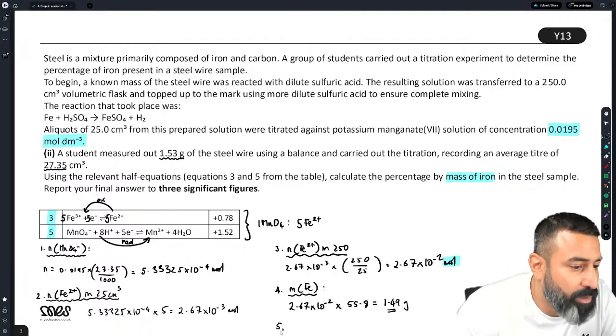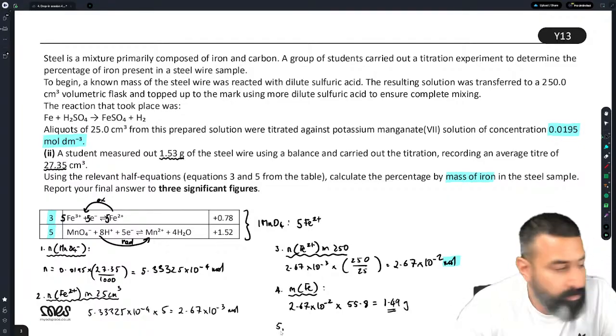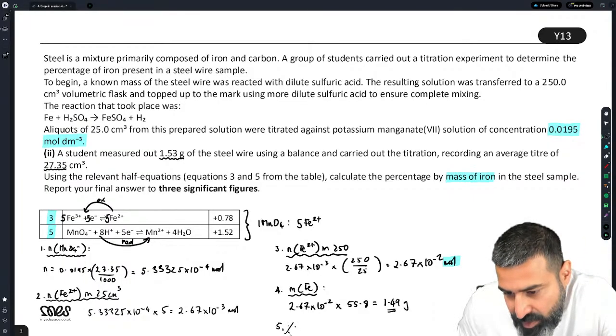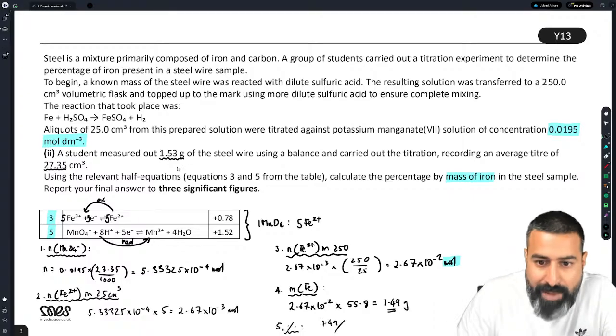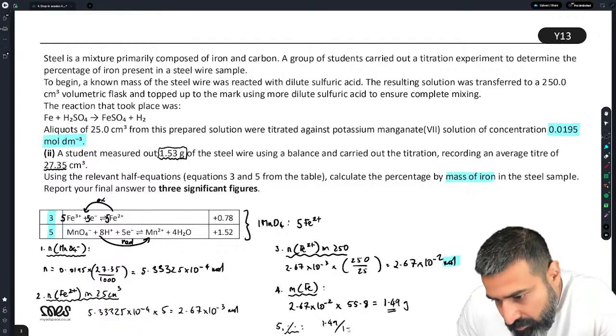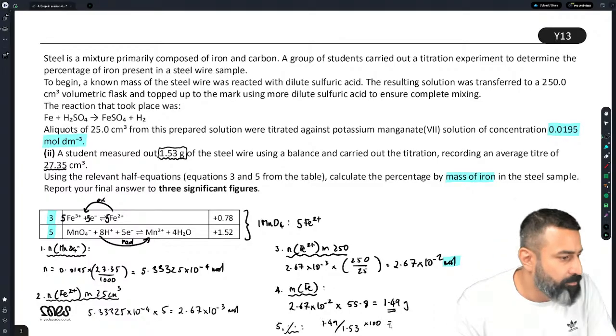So what is the final step? Now I can work out the percentage. The percentage is going to be 1.49 over the total mass of the steel wire, which is 1.53, times it by 100, and what do we get?